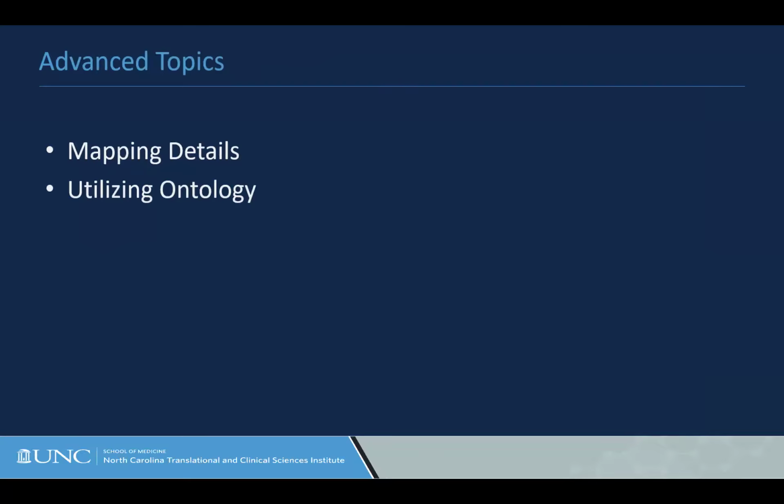And again, I think I've referred to this a couple of times, but if we get to the point of doing a more advanced OMOP vocab topic, I can take suggestions on this, but two things that come to mind initially are really getting into the nitty-gritty of mapping details, both on the informatics side as well as on the analytics side, as well as really starting to utilize the ontology, both from a theoretical informatics standpoint and from an applied programmatic standpoint, right? How do you program against the ontology to do things like find concepts and define concept sets?